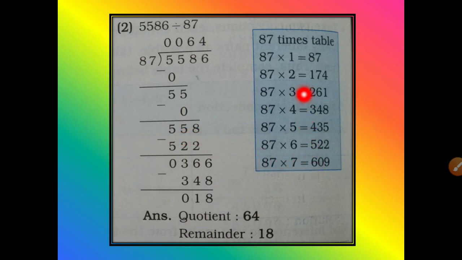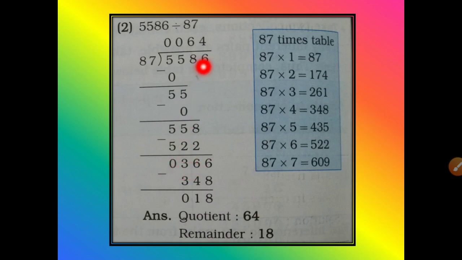Here 558 is not there, but the smaller number is there, that is 522. So we will write 87 sixes are 522. Minus: 8 minus 2, 6. 5 minus 2, 3. 5 minus 5, 0. This is 36.